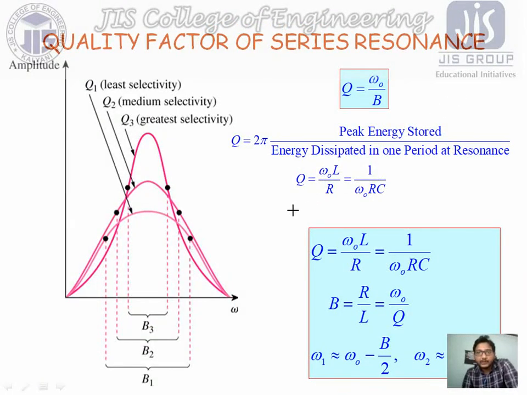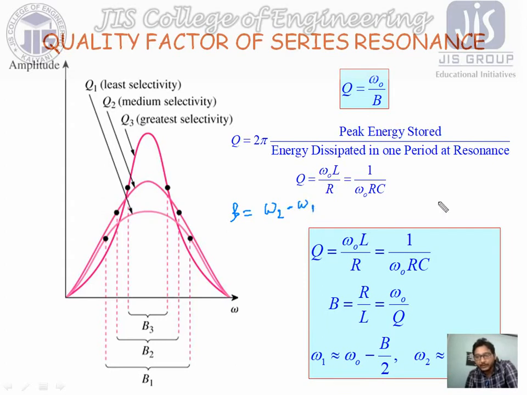Actually, this bandwidth is nothing but omega 2 minus omega 1, that is, B is equal to omega 2 minus omega 1.